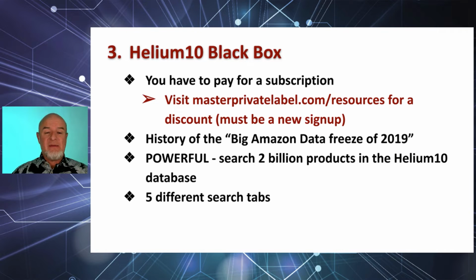Thirdly, Helium 10 Black Box. Super powerful tool. I've alluded to it and showed you a little dip into it when we were talking about research criteria. You remember in the past lessons, we're going to be able to use Helium 10 Black Box to put in various filters, and we're going to base those on what kind of search criteria we want to look for, and it's going to spit out product ideas and keyword ideas and niche ideas and so much more.